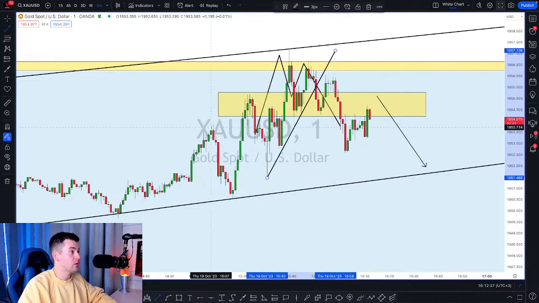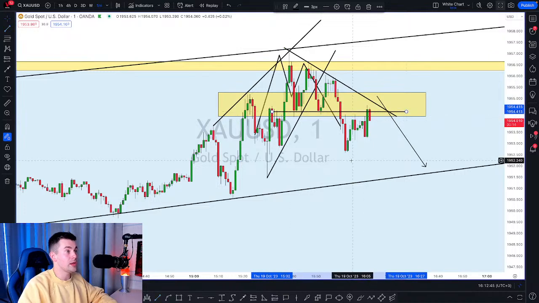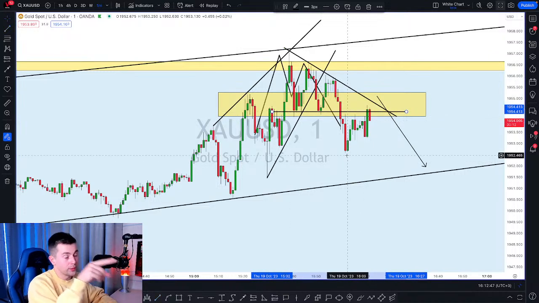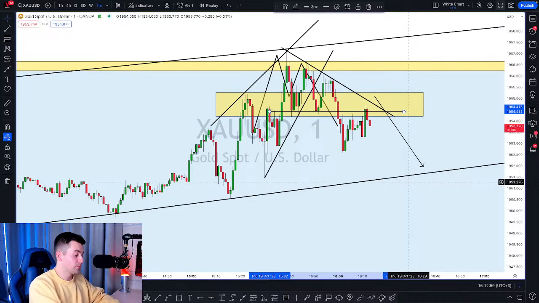We can see the breakout of the support of a rising wedge. We can also spot right here a very bearish triangle. Traders, this one locally for scalpers is very bearish, and I strongly believe that the market may drop here to that rising trend line.